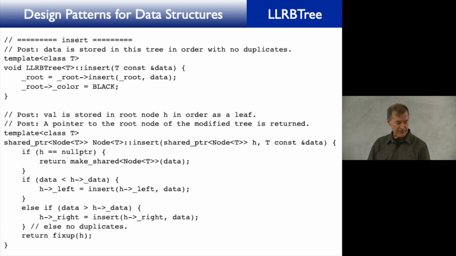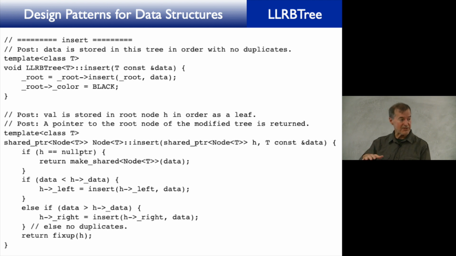And so the node version of insert is recursive. It does: if h equals null pointer, then it returns new node with data. And we saw that new calls the constructor, and the constructor makes a red link to the parent. Why does it do that? Because if you insert a node with a red parent link, that does not alter the black height.